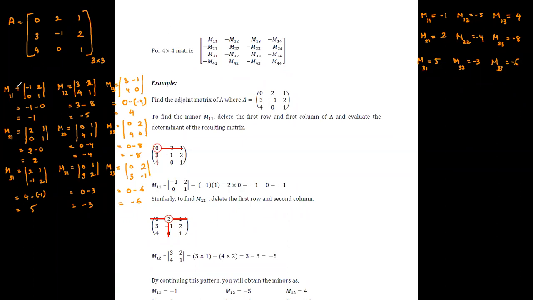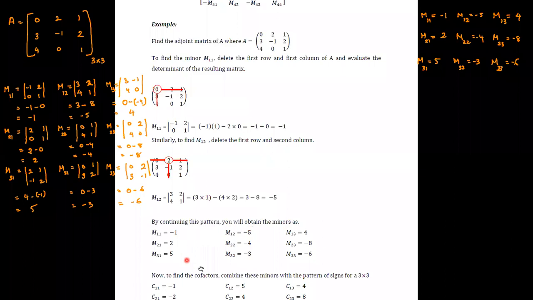Using this technique, we can obtain these 9 minors. Now we can combine the sign pattern with these minors. To obtain the cofactors, we have to combine the sign pattern.